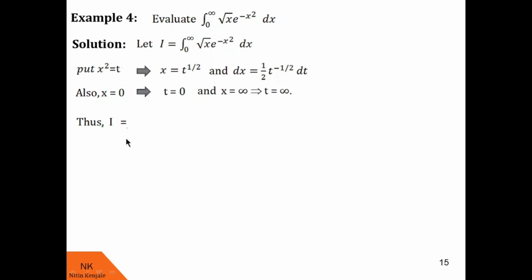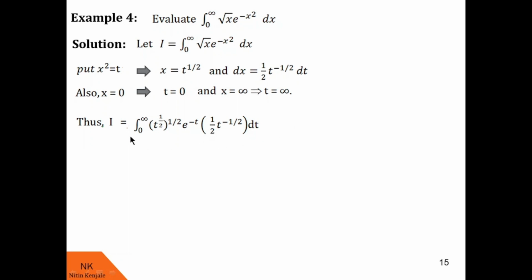So integral I will be equal to integral from 0 to infinity with root x becomes t raised to half raised to half. Root x means x raised to half, but x is t raised to half. So x raised to half can be written as t raised to half raised to half. That's t raised to 1 by 4. E raised to minus x square becomes e raised to minus t. And dx can be written as half t raised to minus half dt.